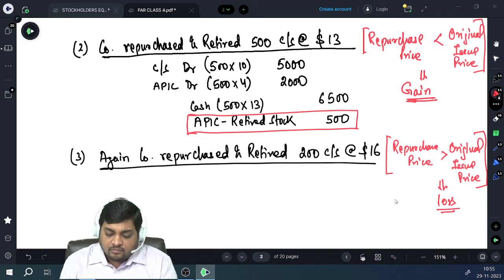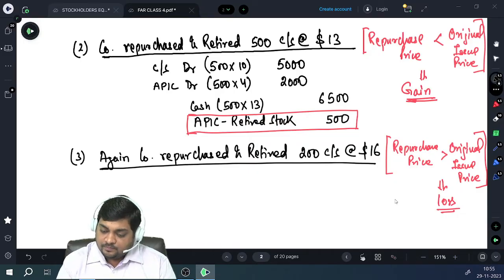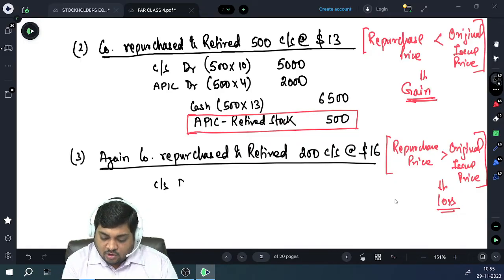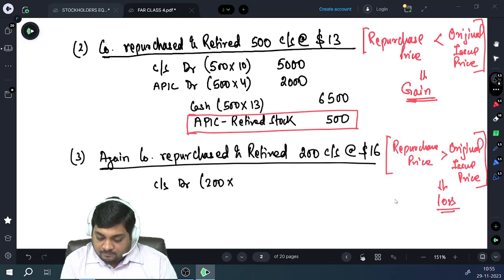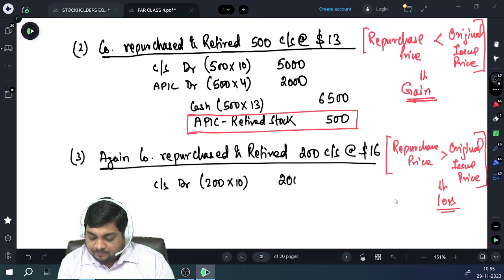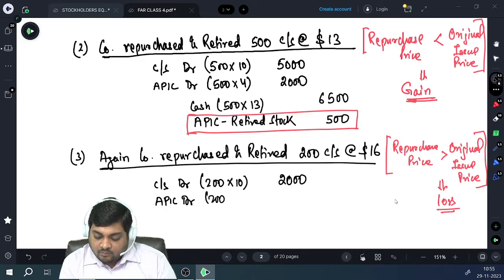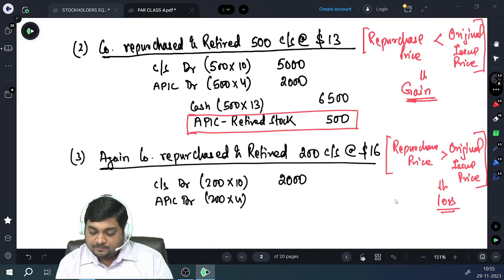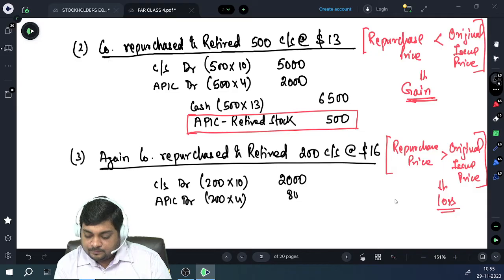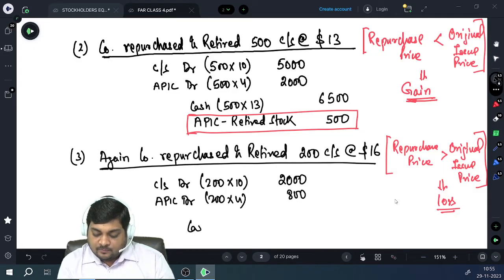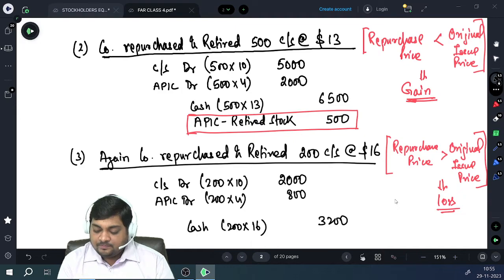to retained earnings. Okay. So again, common stock debit 200 into 10. The original issue price will be debited, 200 into 4. Cash, how much you paid? 200 into 16, that's 3200.